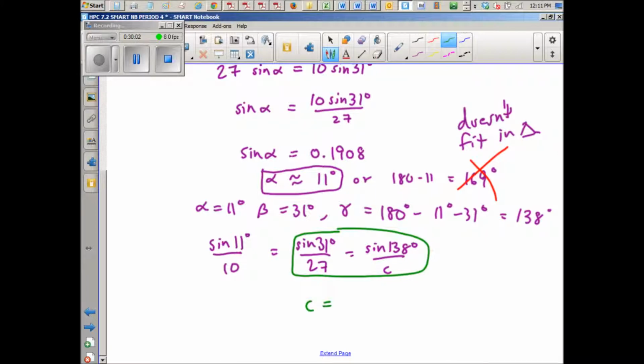So c is going to be 27 sine 138 divided by sine 31. That's a 27, not a 2.7. Okay, so what is c?